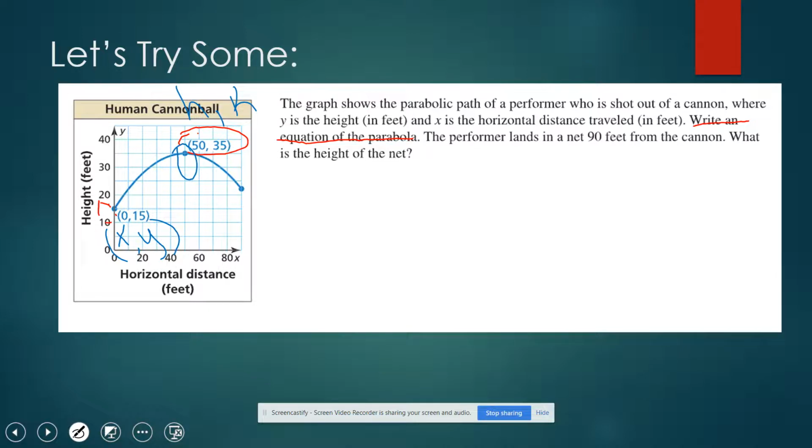We are given the vertex, so we will use vertex form. A times (x minus h) squared plus k. So remember in our steps we said the first thing we're going to do is plug in h, k, x, and y. So we labeled our y as 15. A we're looking for.